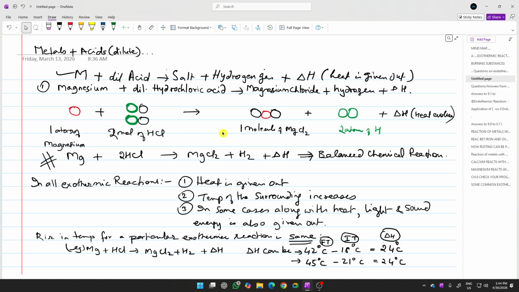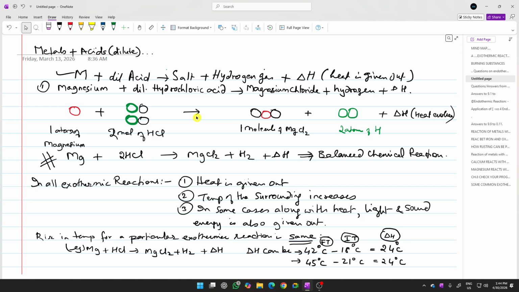So this is a complete balanced chemical equation. What I mean by a balanced chemical equation is that the number of atoms of a particular type will be the same on both sides of the chemical reaction, on the left as well as on the right. If you see the magnesium atom, shown by the red circle, there is only one on the left hand side, and on the right hand side also only one. The hydrogen atoms, you can see two green circles on the left hand side, and on the right hand side also two green circles.